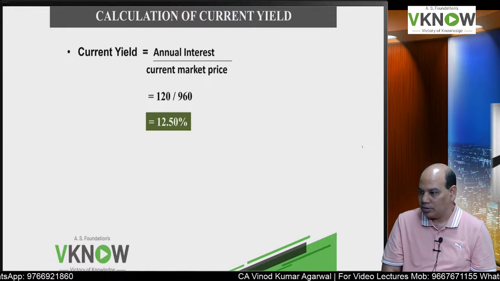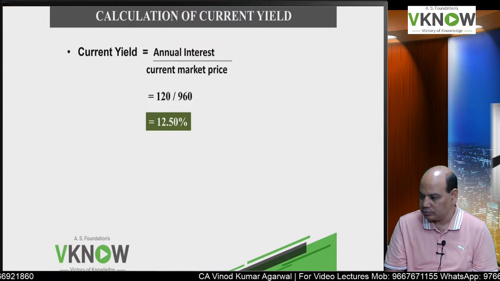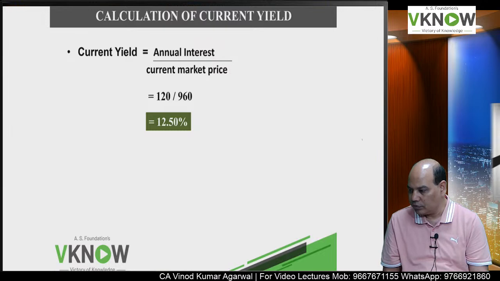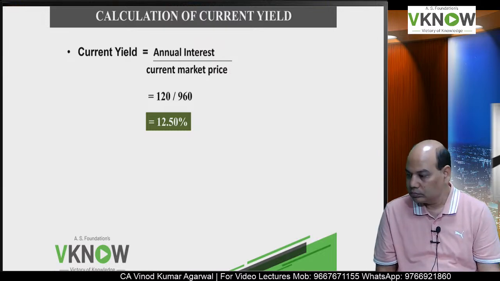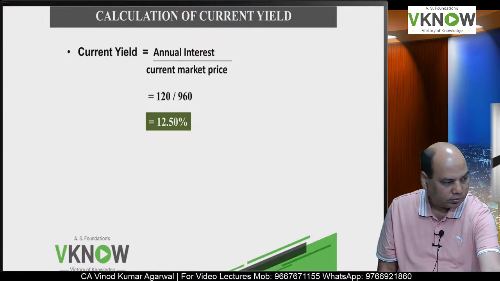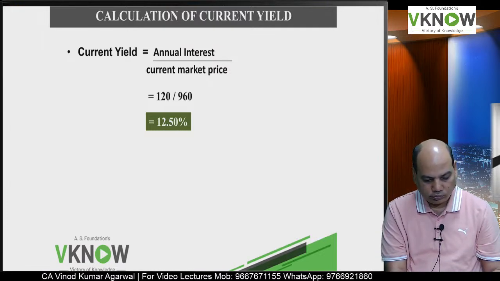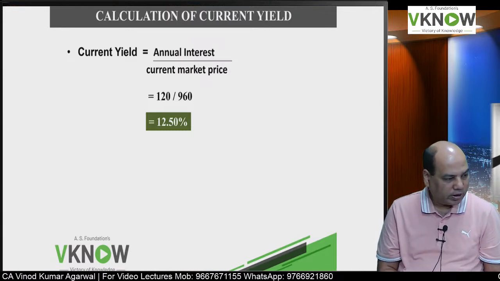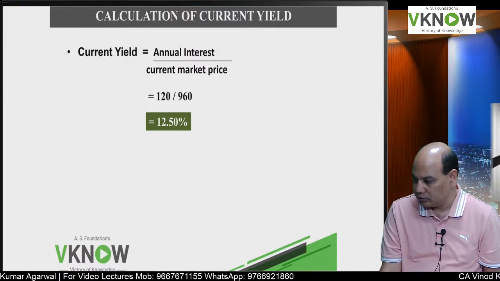Please write down current yield is equal to annual interest upon current market price. 120 by 960. That is 12.5%.